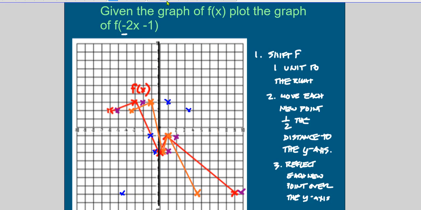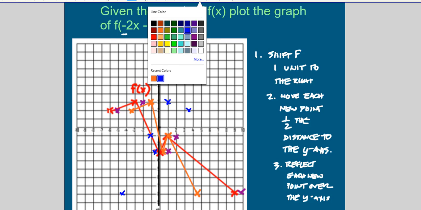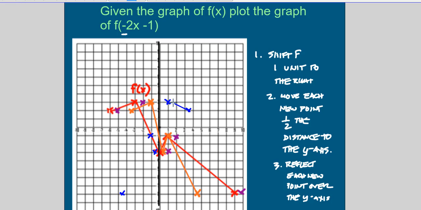So now we connect our points and we get our final graph. So the blue is the reflection of the orange with respect to the y-axis.